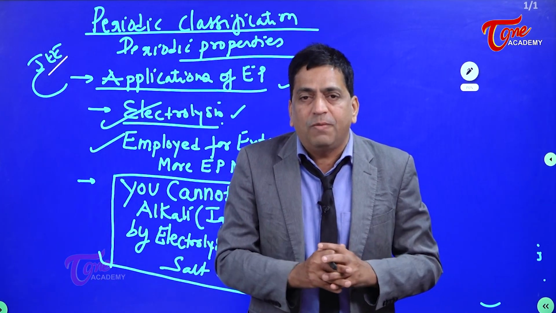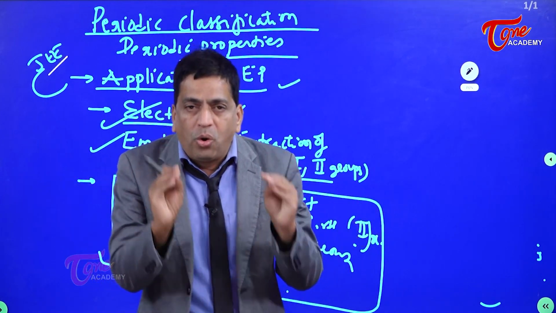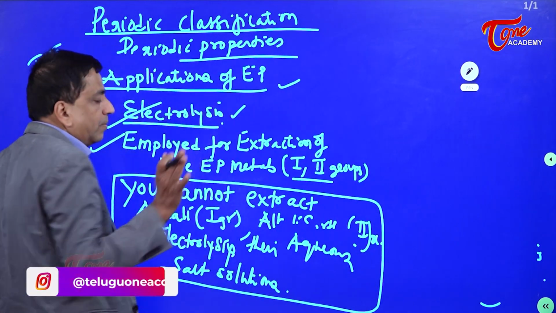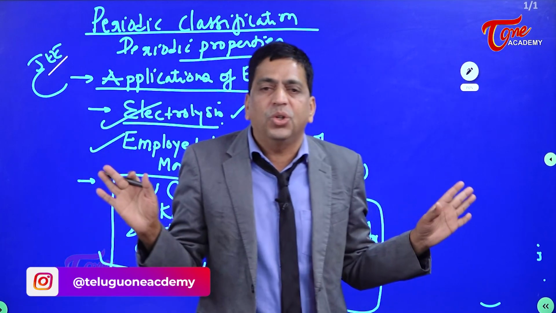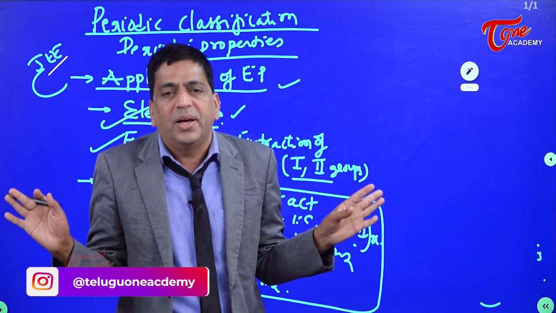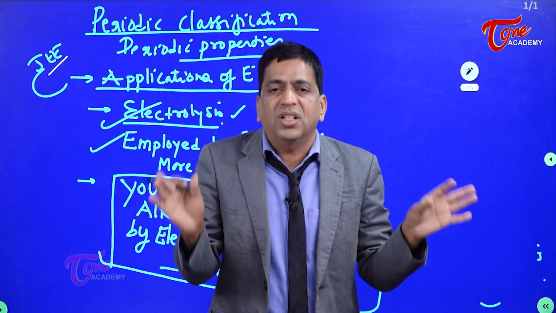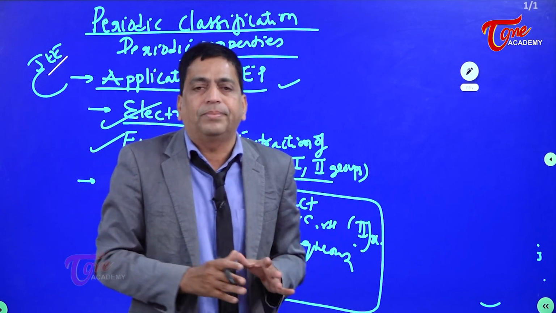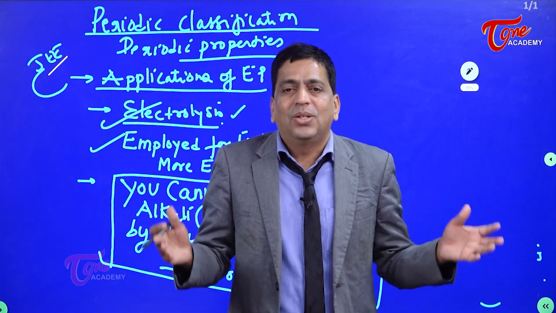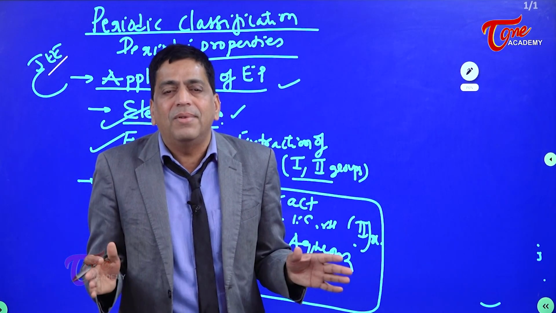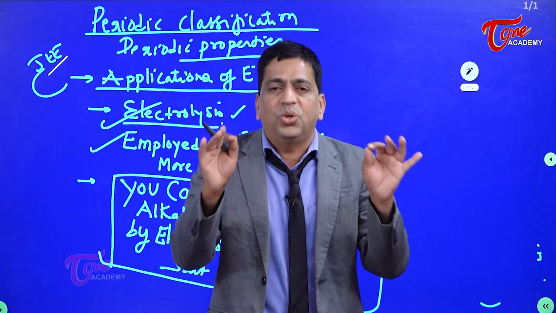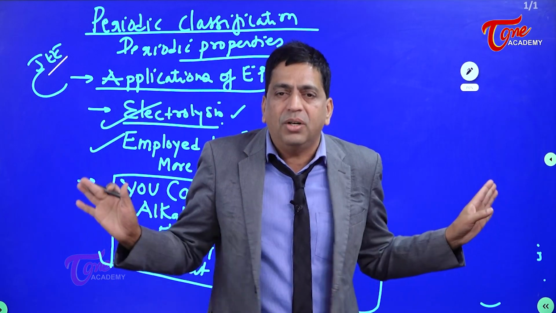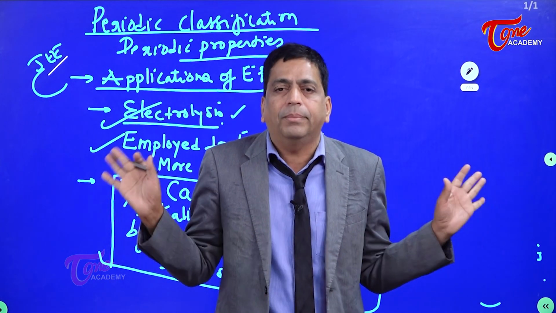And the one method exclusively for first group and second group is electrolysis. Electrolysis is a non-spontaneous process where you employ an external aid, that is nothing but the electric current. So electrolysis is the method used for extraction of first group, second group elements. This itself is a question in exam.